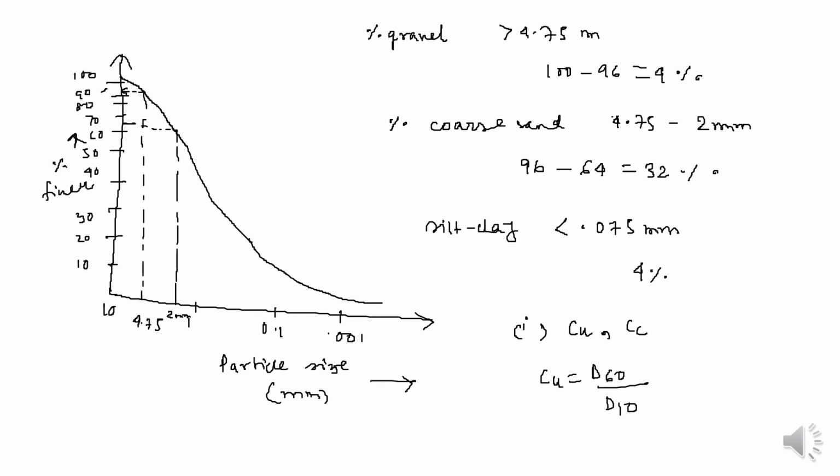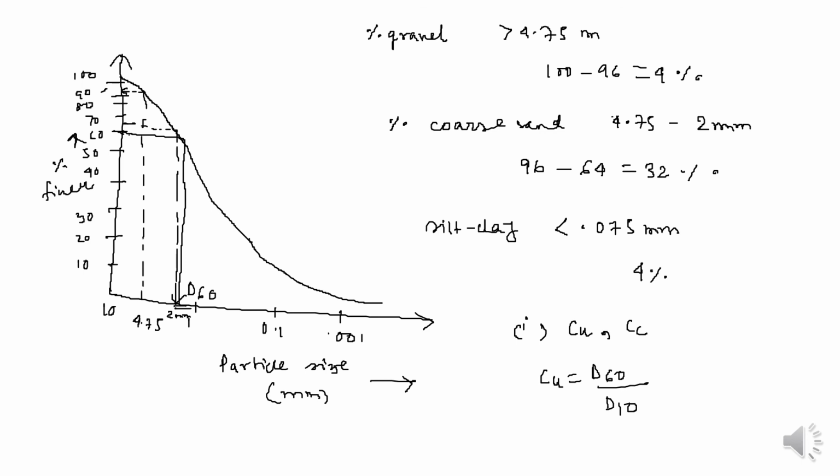From the curve, on the y-axis we find 60% finer, so we take the 60 from the y-axis and drop the corresponding perpendicular line to get my x-axis value. This represents my D60 millimeter particle size. From the graph we can read it and write it, right?